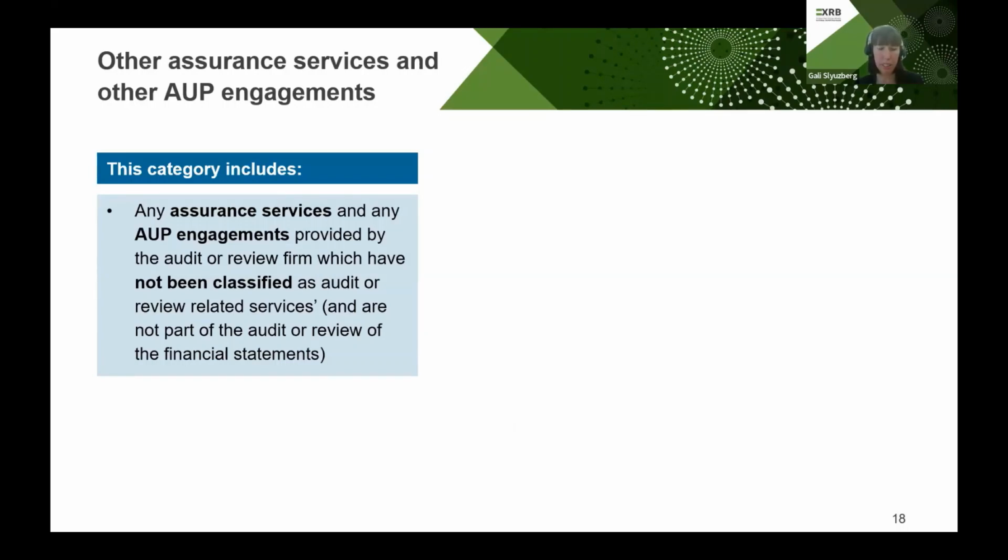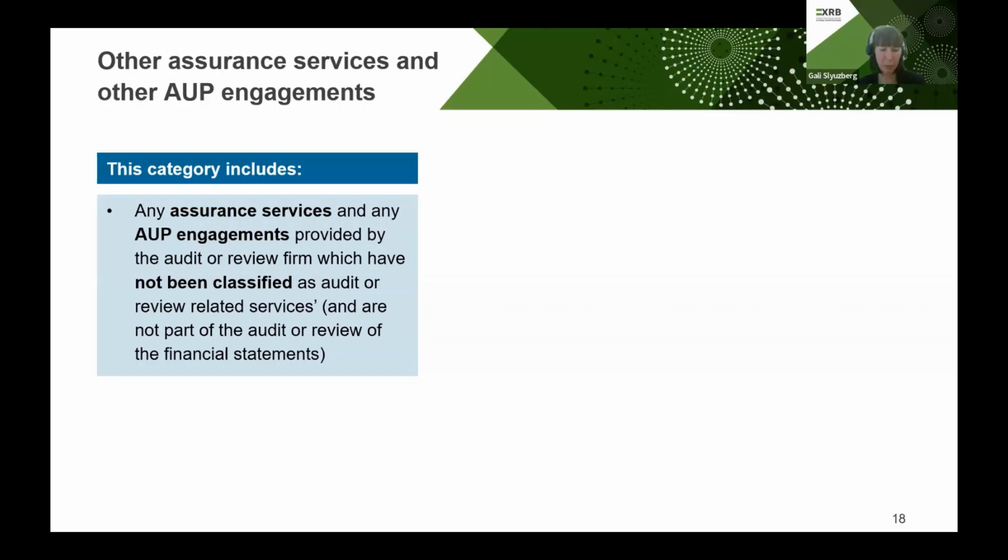As I mentioned before, these terms are defined in the standard: assurance services, agreed upon procedures engagements. Just at a very high level, without getting into detail, in an assurance engagement the audit firm would provide some sort of conclusion, whereas in an agreed upon procedures engagement the audit firm would not be providing an opinion or an assurance conclusion, but rather would carry out specific procedures which might have been requested by the regulator or shareholders or grant providers, and the audit firm would report the findings of those procedures.